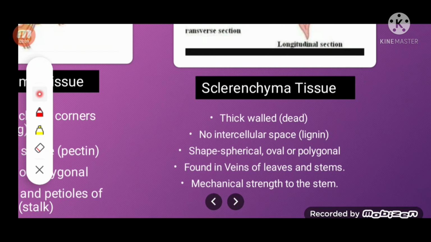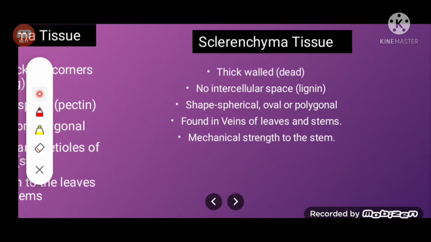They can be found in various shapes and there will be no intercellular spaces because the cell walls are very thick throughout. They will be found in veins of leaves and stems. Again, they will be found in little hard places and they give mechanical strength to the stems.